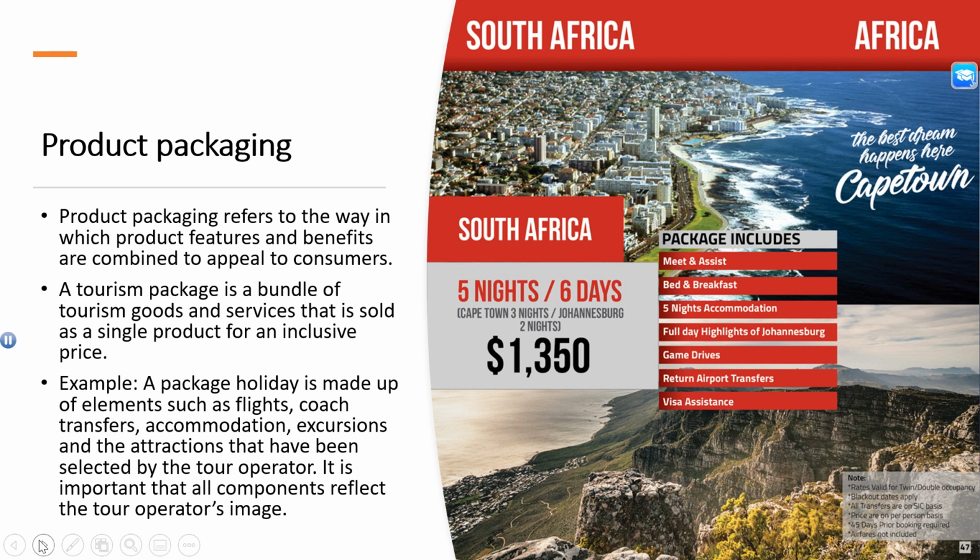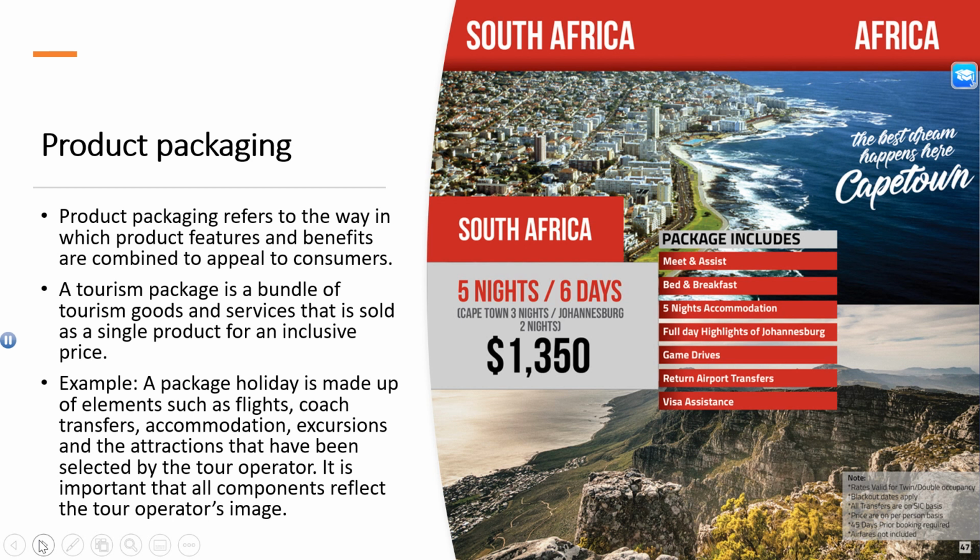Now, specifically in our case, a tourism package is a bundle of tourism goods and services that is sold as a single product for an inclusive price. And then the example at the bottom of the left-hand side of your screen is that of a package holiday which is made up of various elements such as flights, coach transfers, accommodation, excursions, attractions that the tour operator has selected.